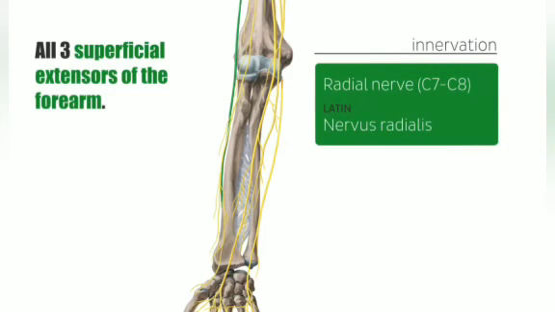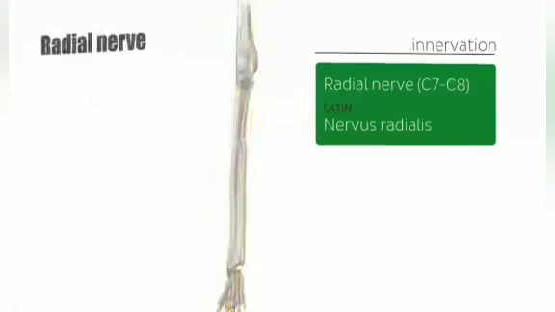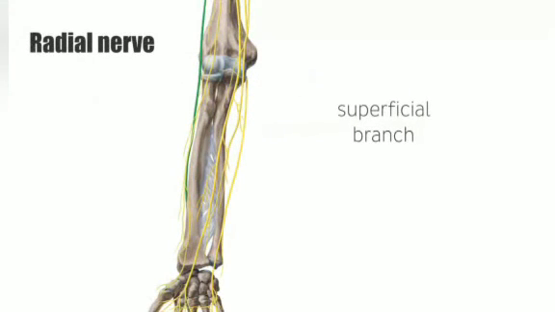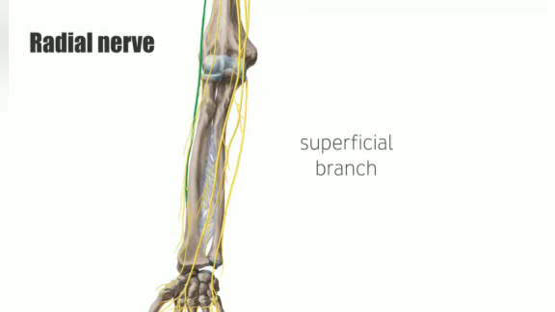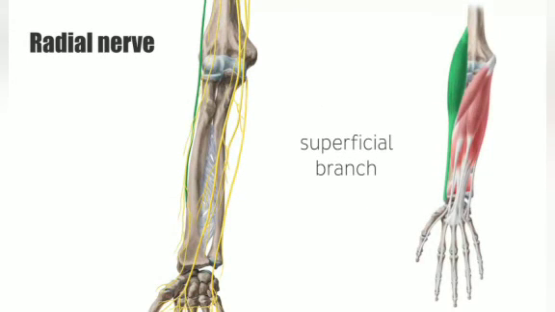Very easy. Now, one thing that I would like to add is that the radial nerve has a superficial branch as well as a deep branch at the height of the radial head, while the superficial branch continues along the brachioradialis muscle, as seen here highlighted in green.